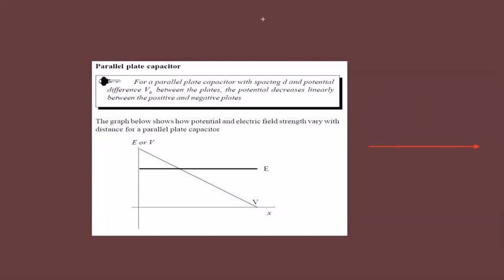So what happens if you have two parallel plates? Voltage is work done per unit charge, and we know work done is force times distance. So voltage is force times distance divided by charge. And this force is not the resultant force.